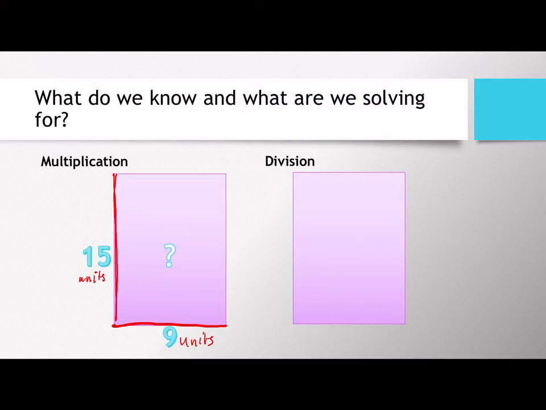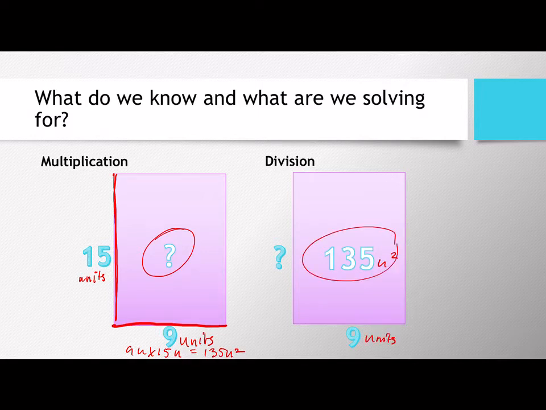When you multiply 9 times 15, you get the area in square units. With division, you're starting with the total area, you know one of the dimensions, but you have to figure out what the other one is.